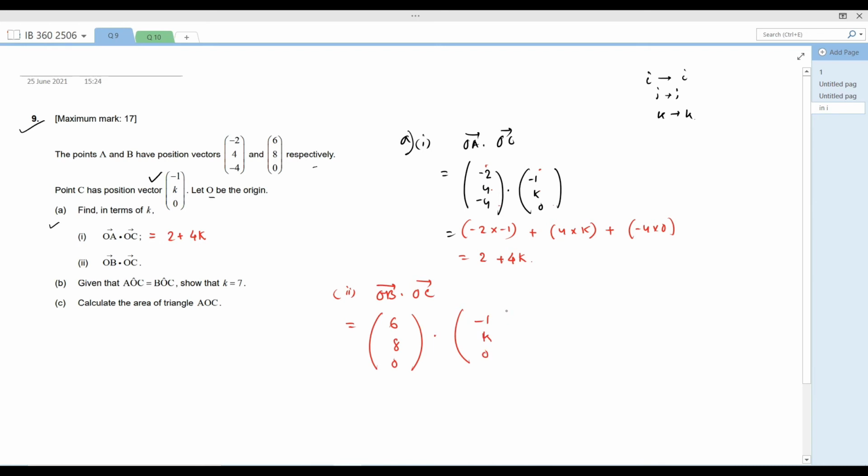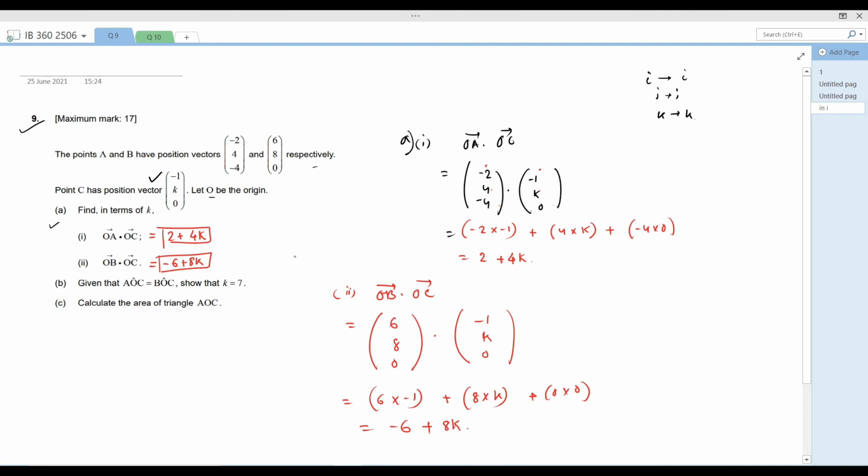So 6 into -1 plus 8 into k plus 0 into 0, so we are getting -6 plus 8k. So OB dot OC equals -6 plus 8k. Note down these two values because we will need them. Now given that angle AOC equals angle BOC, we have to show k equals 1.